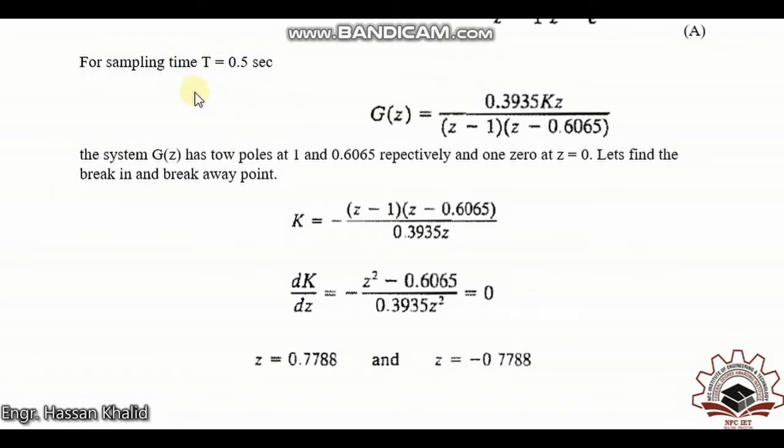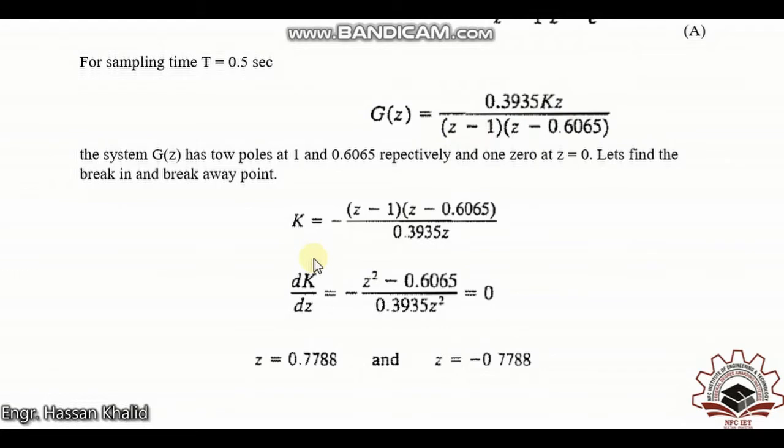Sampling the system at 0.5 second gives us the G of z, which is the open loop transfer function, 0.393 K z divided by z minus 1 into z minus 0.606. There are two poles and one zero. The zero is located at z equal to 0, and the two poles are at z equal to 1 and z equal to 0.606.